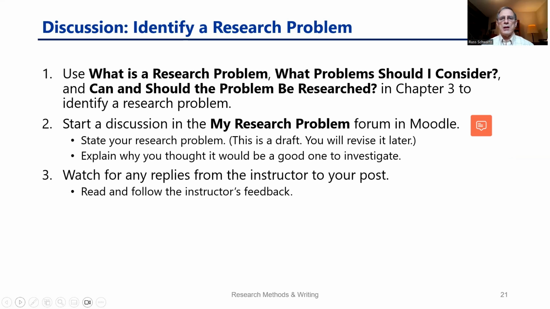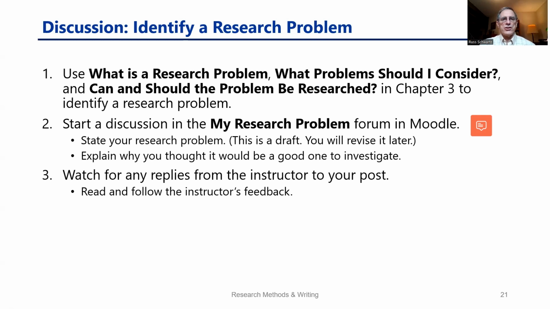So the assignment for this part of the unit is another discussion in Moodle. Start out by turning to chapter 3 and review what is a research problem, what problems should I consider, and can and should the problem be researched?